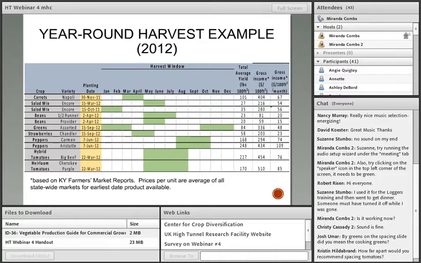But what you're seeing here is that we're spreading harvest throughout the year. So we've got our traditional tomatoes there at the bottom that we're harvesting from May to the 1st of September, but we're also harvesting some crops all the way from January forward. So salad mixes could be harvested essentially year-round, except for when it's quite warm.